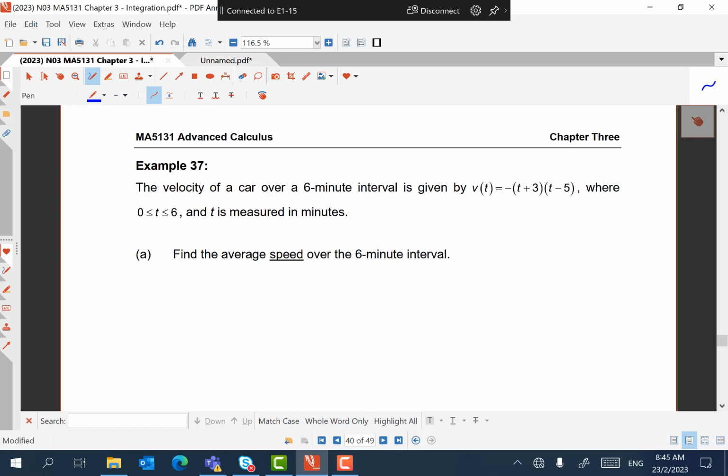Okay, let's try this. For this question, if I ask to find the average speed, it is actually the total distance divided by the time interval. How to find the total distance?